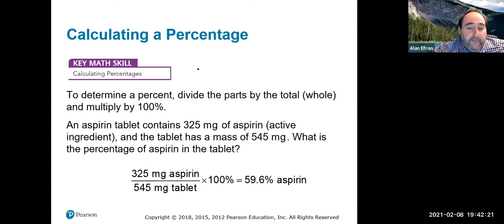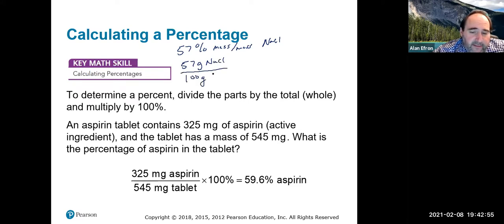A reminder as well, percentages. Sometimes we do use percentages. The simple way to use a percentage as a number: if I had, say, 57% mass to mass sodium chloride, for example, what that means is, assume 100, that means I would have 57 grams of sodium chloride in 100 grams of solution.